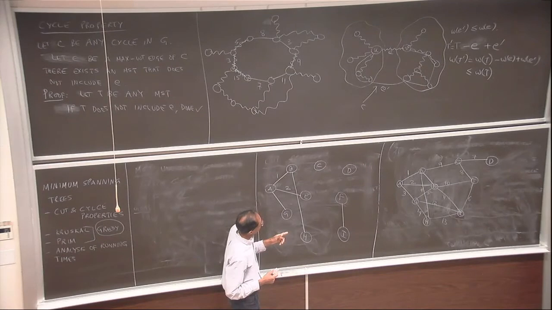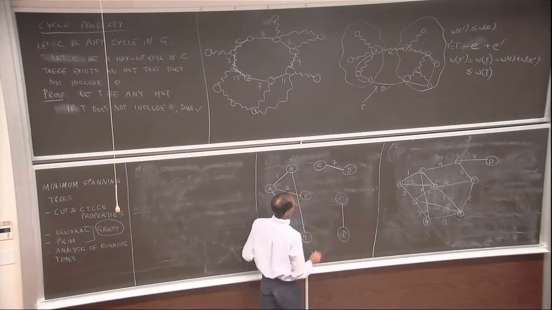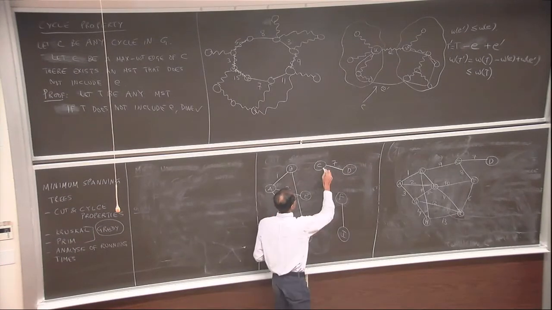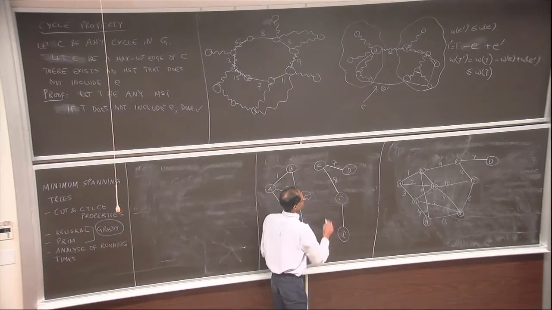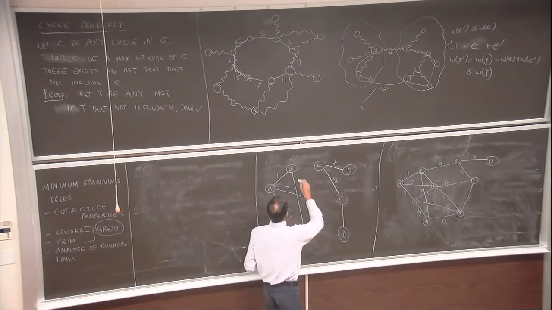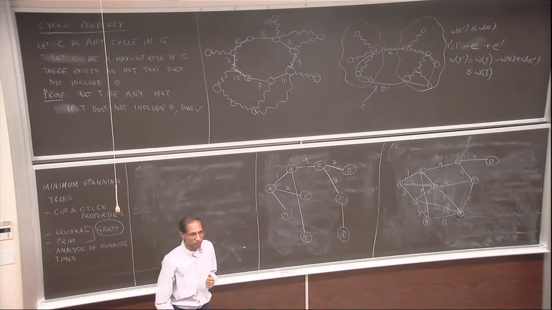You will never try to add more edges inside this. Okay, that's 6. Then CD, 7. Then CF, 8. And then DC, 9. And we'll be done.